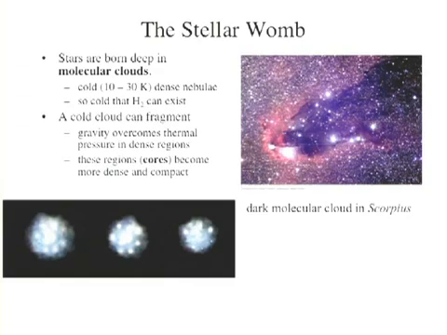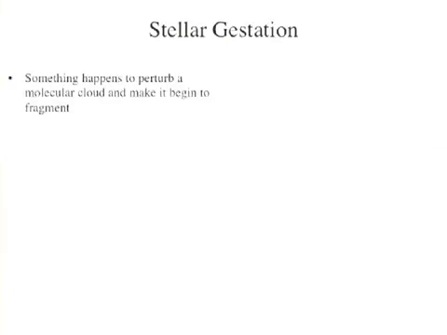All right, so the formation of these stars: before the star forms, it is generally in a molecular cloud. These are around the galaxy, and they are the birthplaces of stars. They're very cold, they're very dense.